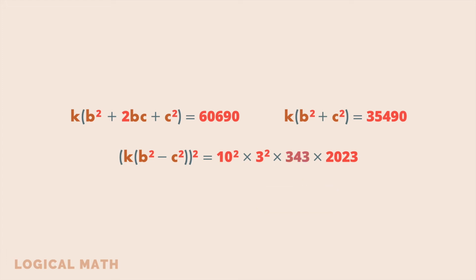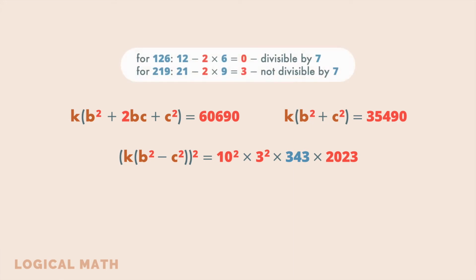The next prime number after 3 is 5, but as we can see the number is not a multiple of 5 as the last digit is neither 0 nor 5. So let's move to the next one. It is 7. We can use divisibility rule for 7. To check whether a number is divisible by 7, we need to remove the last digit, double it, subtract it from the truncated original number, and if the obtained number is a multiple of 7, then the initial number is divisible by 7.